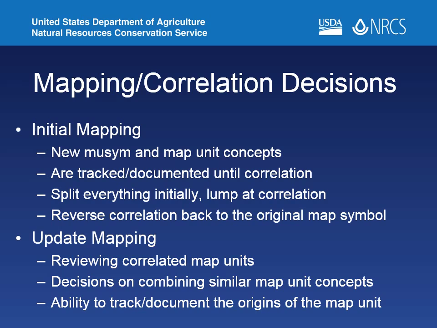In update mapping, that's a little bit different because now you're reviewing map units that have already been correlated. And in doing so, you have to make decisions on combining these similar map units. And that's what SDJR is all about. You're supposed to be reading the book, you're supposed to be analyzing the data, you're supposed to be making decisions on is this the same map unit concept or not. And if it is, then you're developing a map unit concept based on the MLRA.